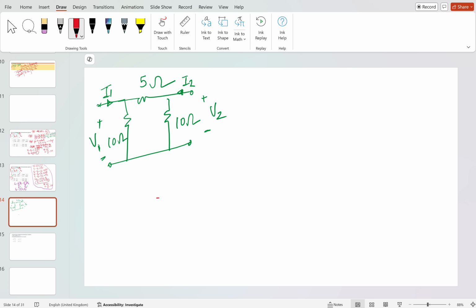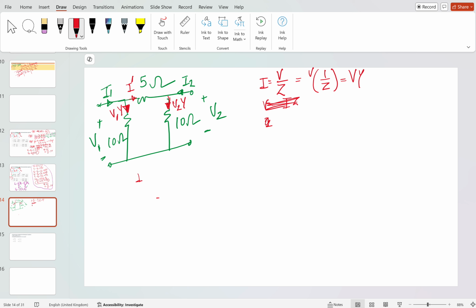The current going into this will be equal to V1Y, and the current going here will be equal to V2Y. Same equation: I is equal to V by Z, or V is equal to I times Z, or I is equal to V times 1 by Z, and 1 by Z is Y, so I is equal to V times Y. Suppose I have taken this as I dash.